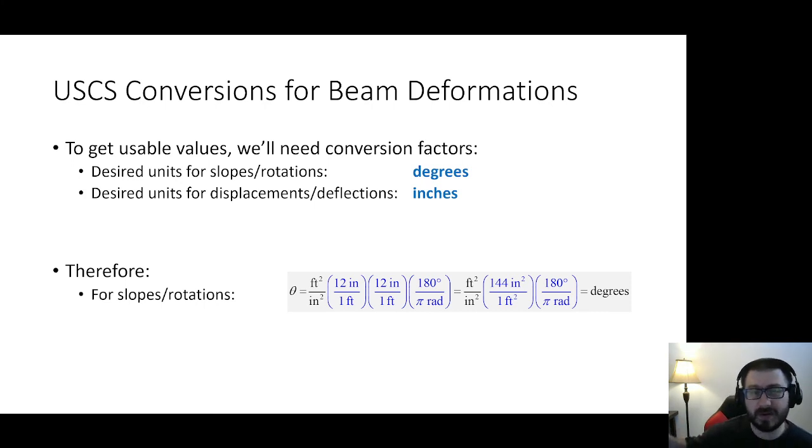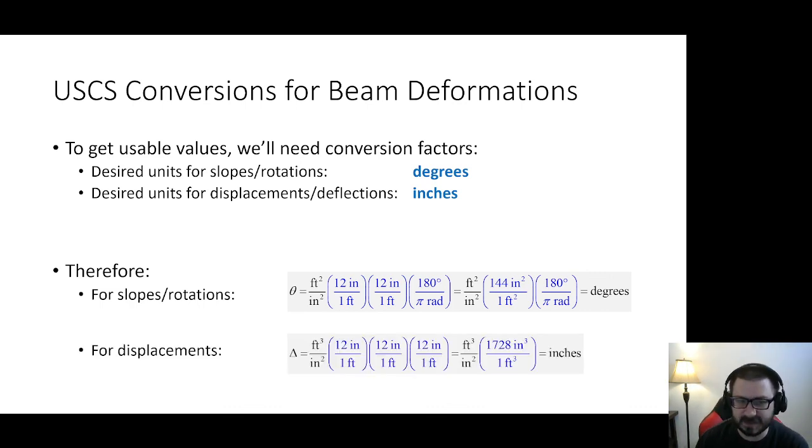So for the slopes, if I have foot squared over inches squared, I'm going to have to convert those inches twice. So I have 12 inches per foot, 12 inches per foot, and then 180 over pi, because that rotation would ultimately be unitless, and I want it in degrees. So ultimately, I've got 144 times 180 over pi.